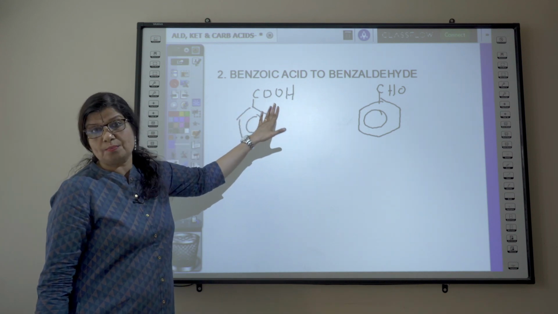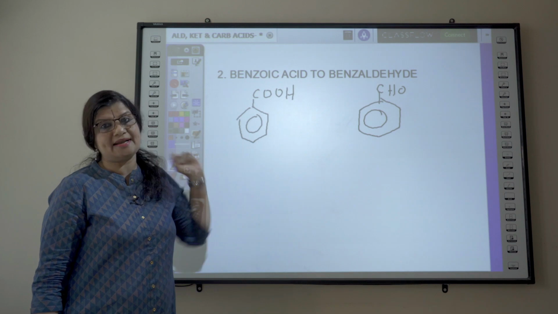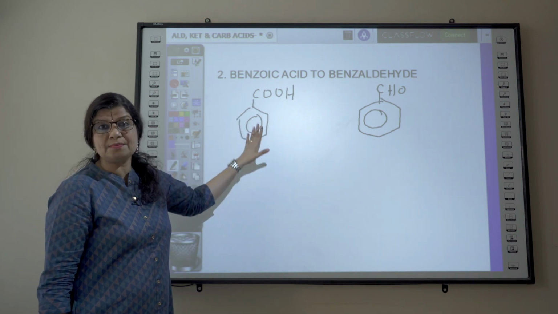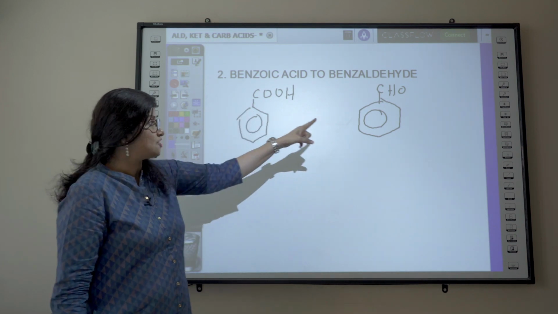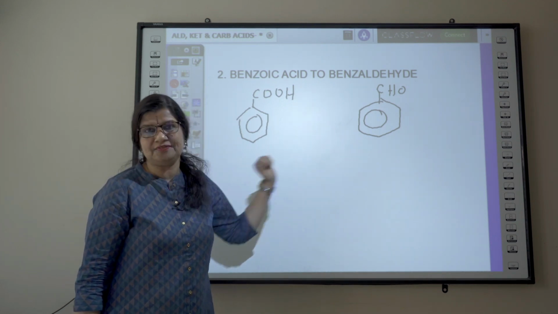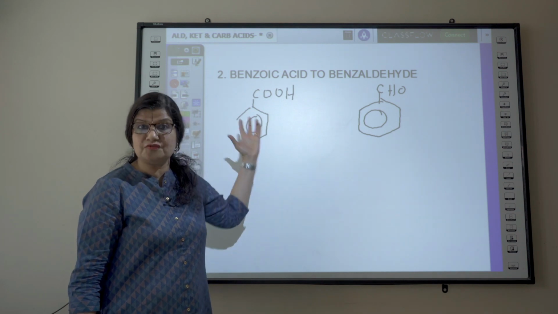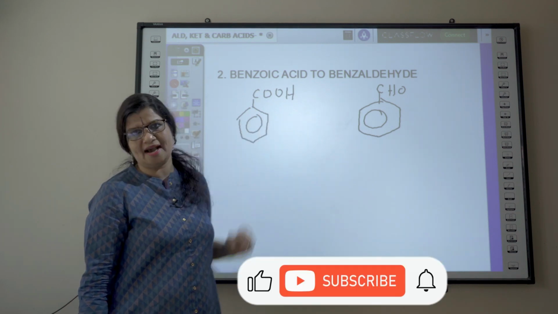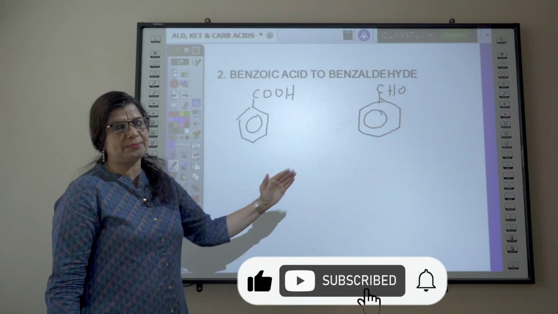It looks as though benzoic acid can be reduced to benzaldehyde, but we know there is a problem associated with the isolation of benzaldehyde because benzaldehyde is highly reactive. It is very difficult to directly convert benzoic acid to benzaldehyde, so it involves multiple steps.